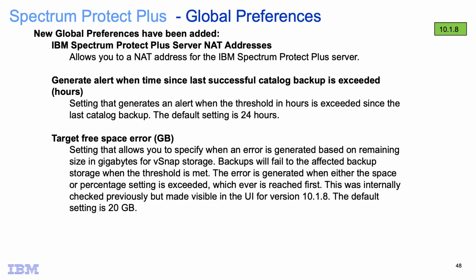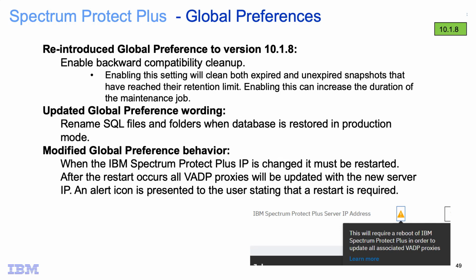And we've also allowed you to set a target free space error notification. Setting that allows you to specify when an error is generated based on the remaining size in gigabytes of vSnap storage. Just some changes to the global preferences.